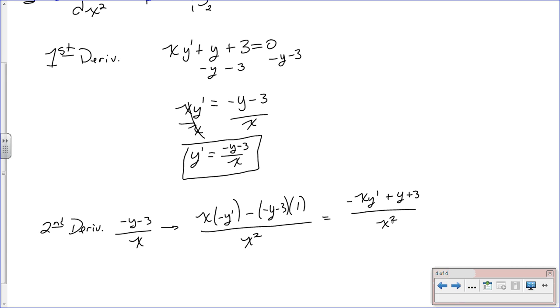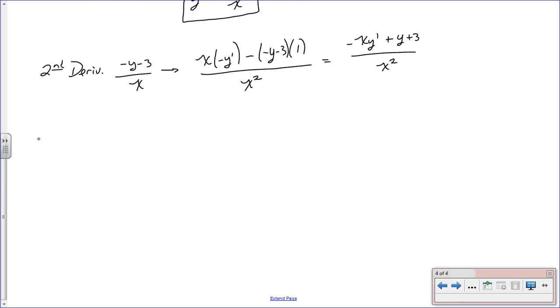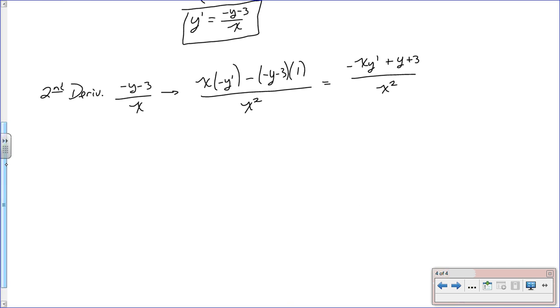Now we are going to substitute in the negative y minus 3 over x for the y prime. So now we're going to have negative x times negative y minus 3 over x, and then plus y plus 3 over x squared.